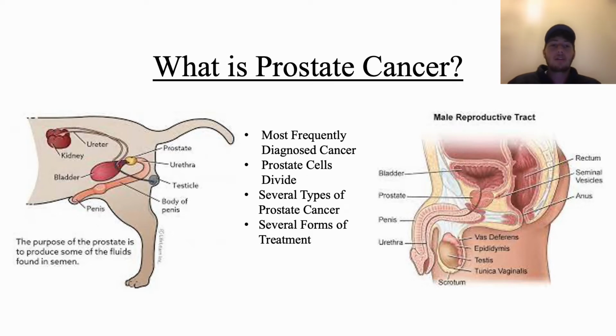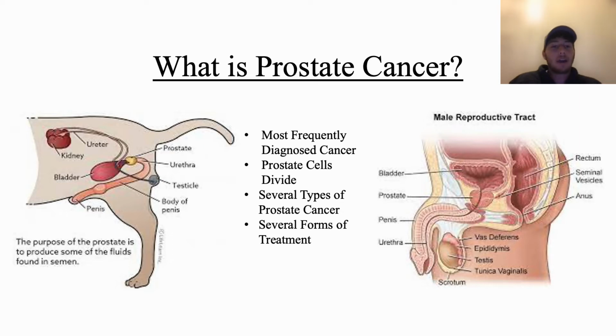So for the several types of prostate cancer, there are multiple types, at least 5. But the most common are adenocarcinomas, which are split up into acinar and ductal adenocarcinomas. There are also urothelial cancers, squamous cell cancers, and small cell prostate cancer.